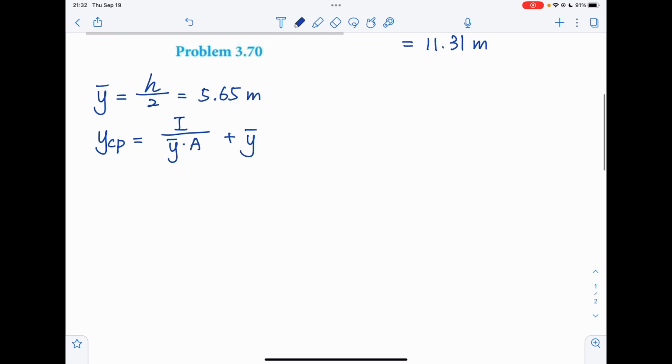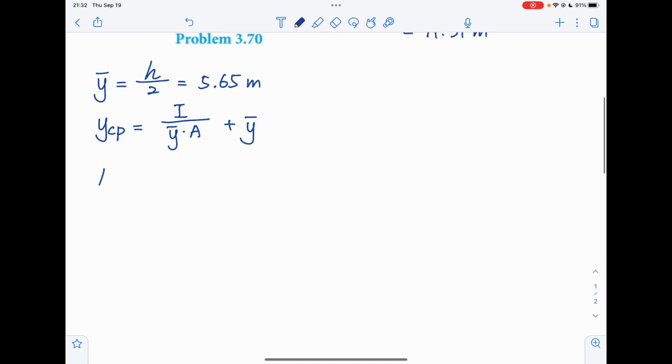So the next step is to find your A. A is gonna be the width of the gate times the length of the gate, and we'll keep the B here.